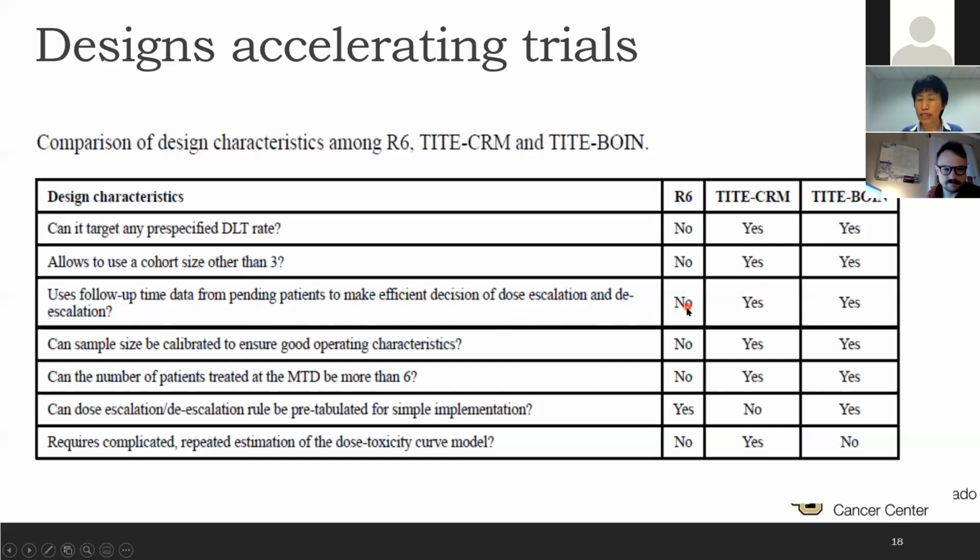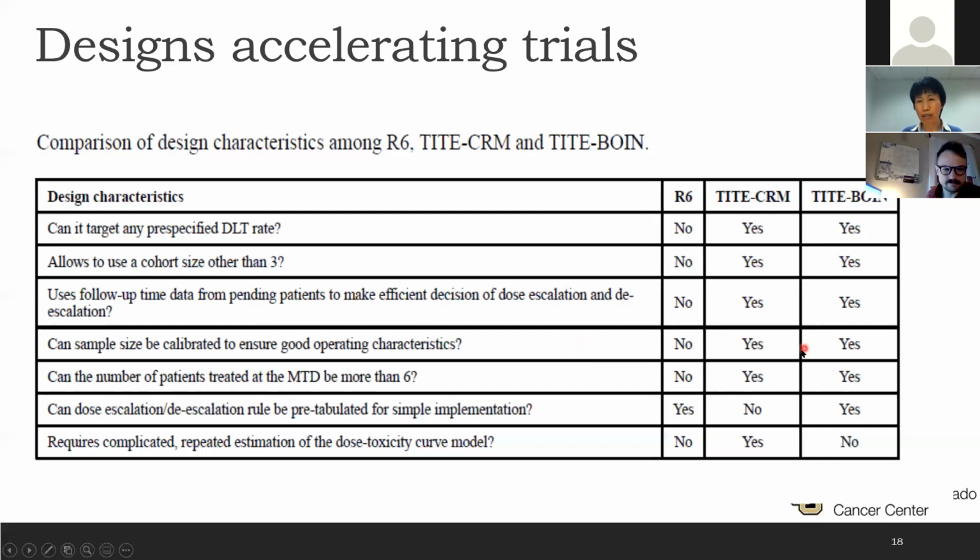Does it use follow-up time data from pending patients to make efficient decisions of dose escalation and de-escalation? That is no for rolling 6, because it only counts the number of pending patients. However, that is true for the time-to-event CRM and the time-to-event BOIN designs. Can sample size be calibrated to ensure good operating characteristics? The answer is no for rolling 6 because it only allows 6 patients on each dose, so there's no way you can calibrate the sample size.